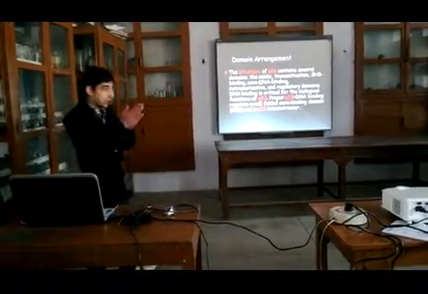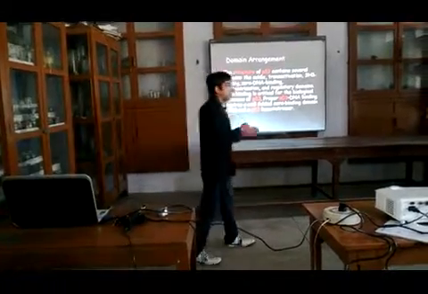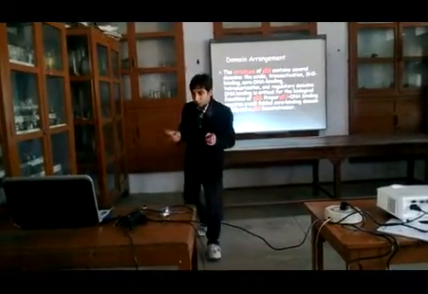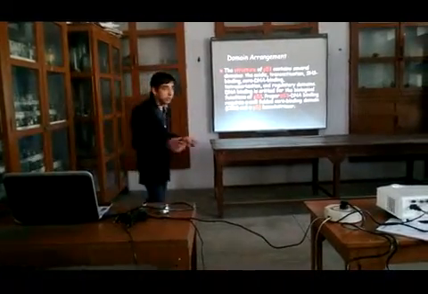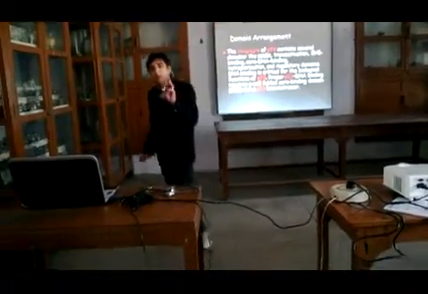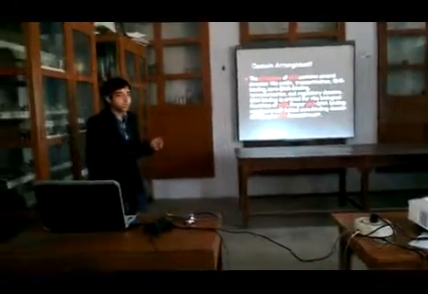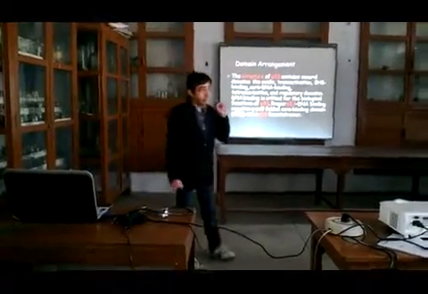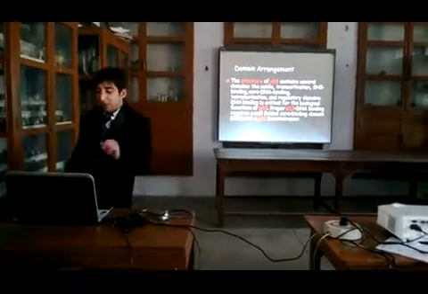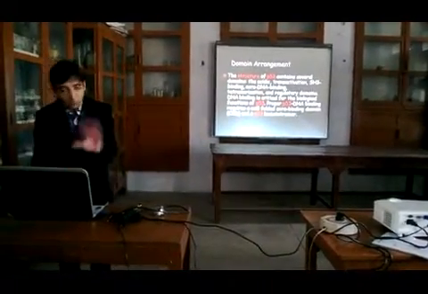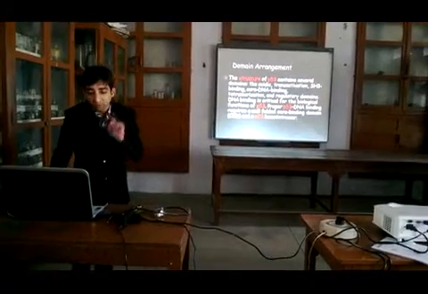Now we are going to discuss its domain arrangements. P53 is a protein of about 393 amino acids having three regions: N-terminal region, central core region, and C-terminal region. The total structure of this protein has 5 domains.